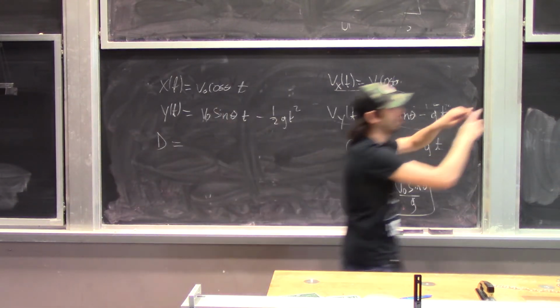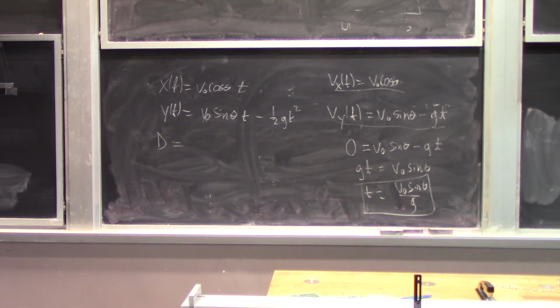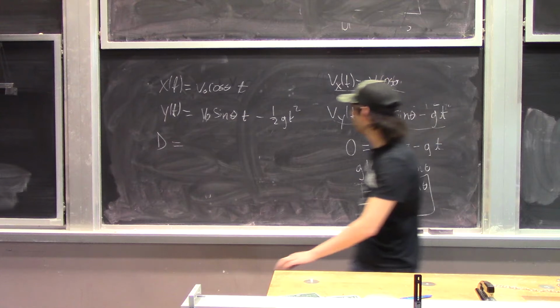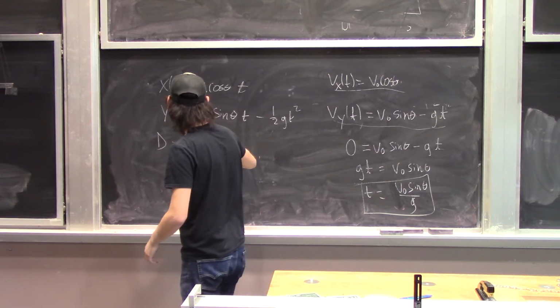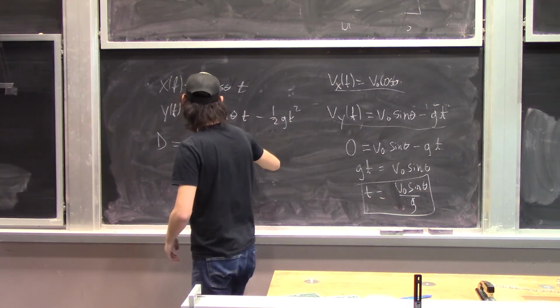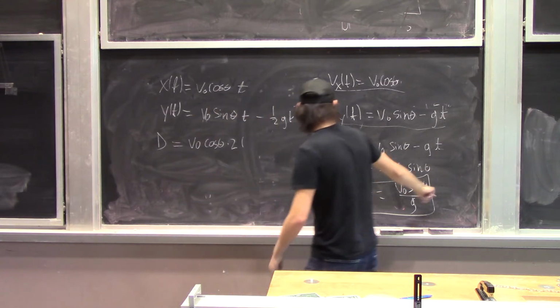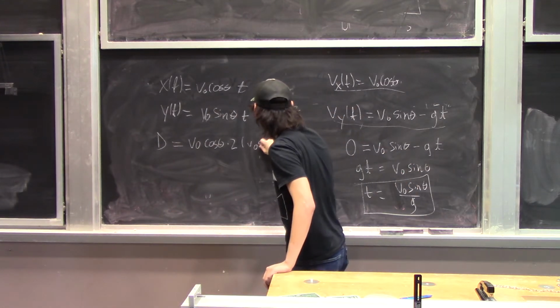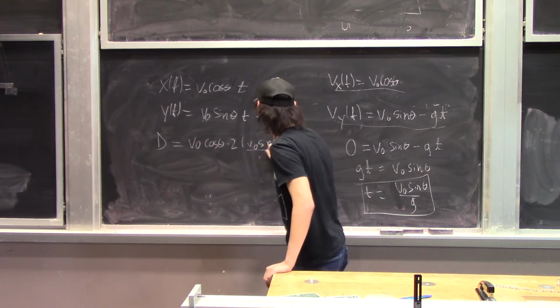Because the time it takes to go the whole way is double the time it takes just to go up. And so when we do that, we can write down v0 cosine of theta times 2 times this time, v0 sine of theta divided by g.